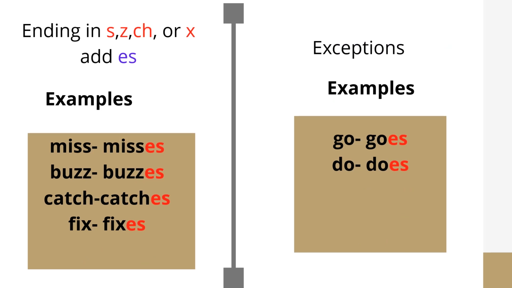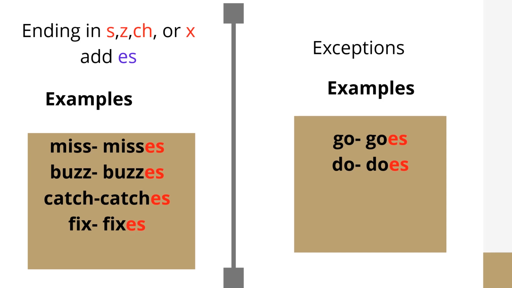Ending in s, z, ch, or x, we add es. So if the verbs end in s, z, ch, or x, we add es.